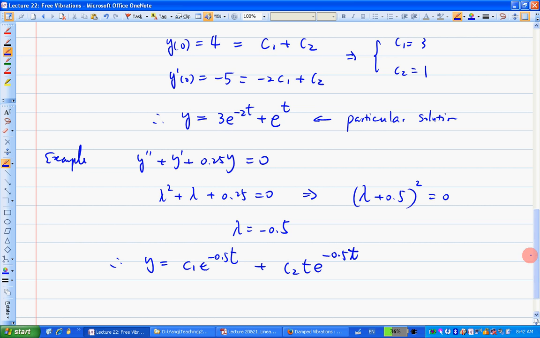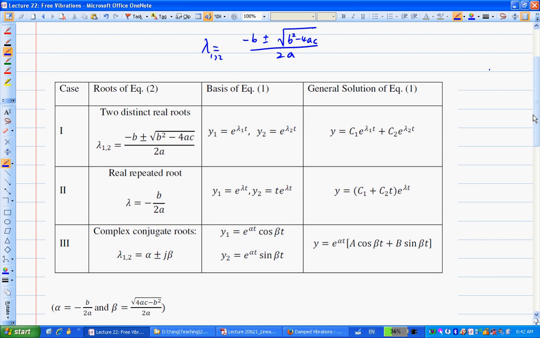Okay? So look at this case here, right? When you have two repeated roots, your solution is C1 plus C2t e lambda. I just multiplied it out. Okay, so that's your general solution.